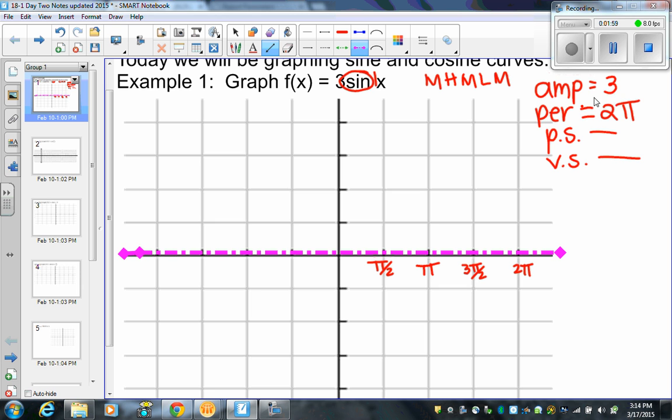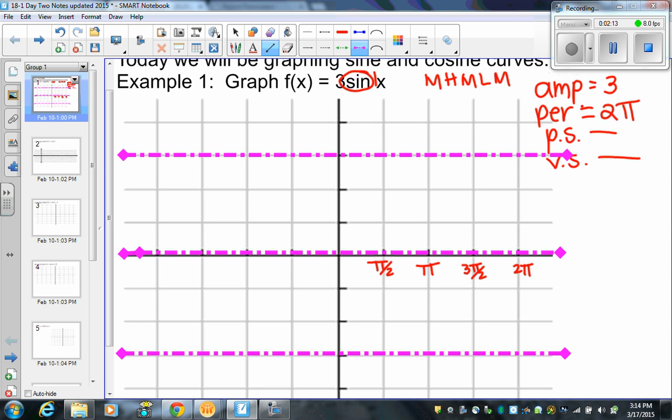Our amplitude is 3, so we're going to go up 3 units from our midline to identify where our high point would be. And then we would also go down 3 units from our midline to identify where our low point would be. Now, these purple dashed lines don't represent actually part of the graph. They just identify where my middle, my high, my middle, my low, and my middle points would go.